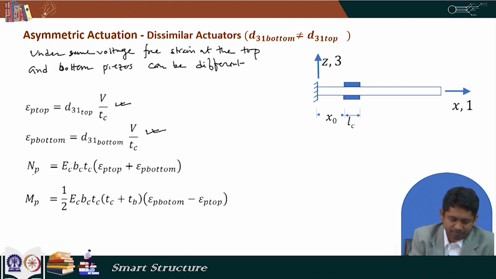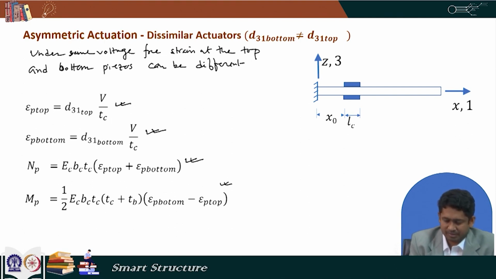NP, the axial force corresponding to the free strain, we can get in the similar fashion, and MP, the bending moment corresponding to the free strain, again we can get in the similar fashion.